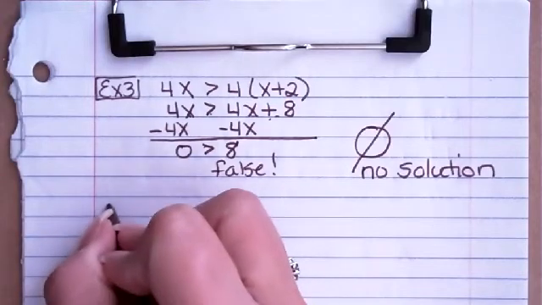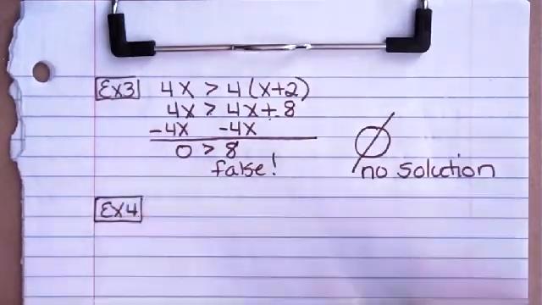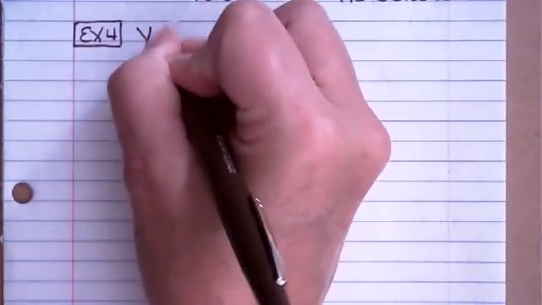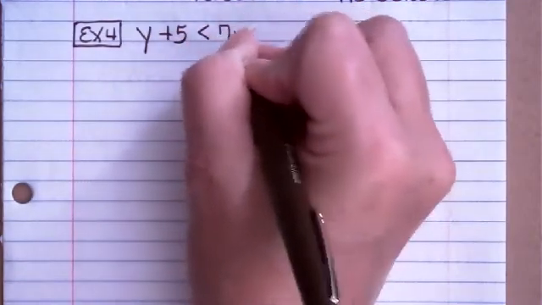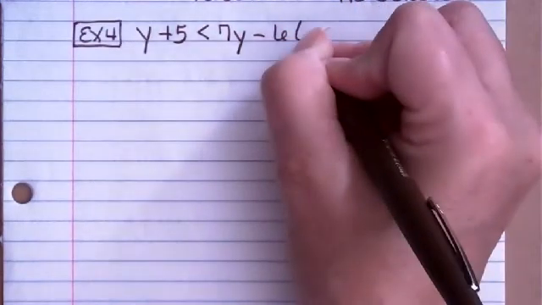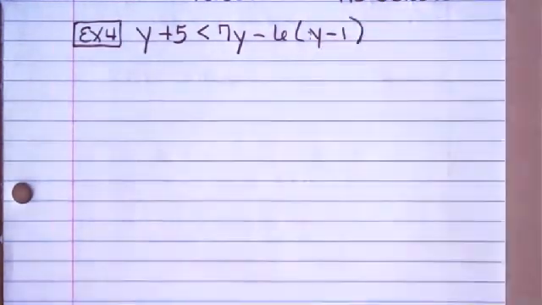Example 4 is the reverse of that, and we're going to see how this would look. Slide this up. Example 4's problem is y plus 5 is less than 7y minus 6, parentheses, y minus 1, close that parentheses.